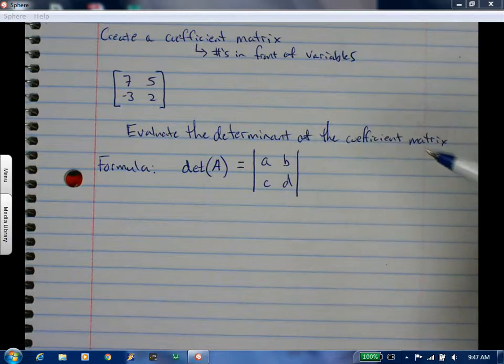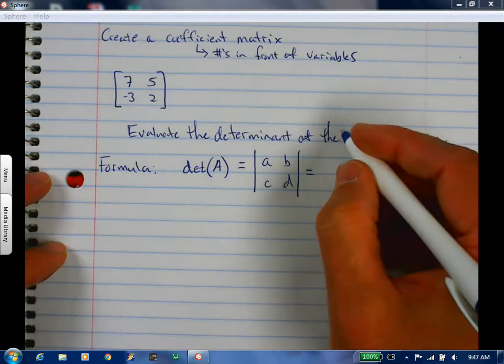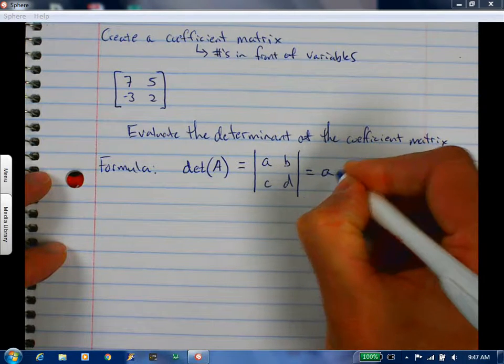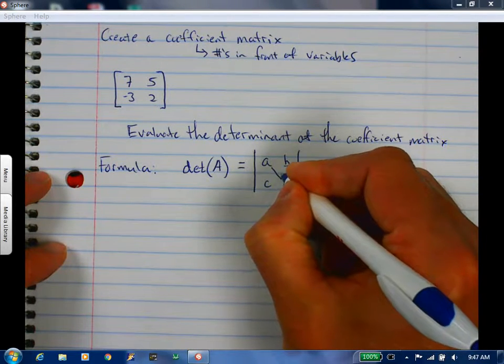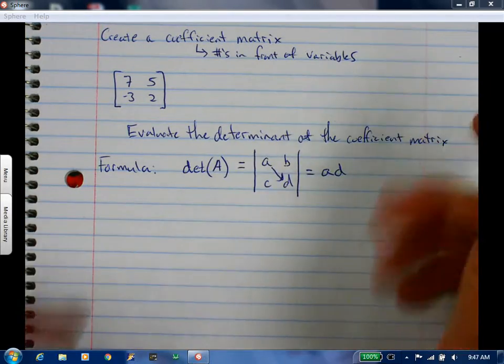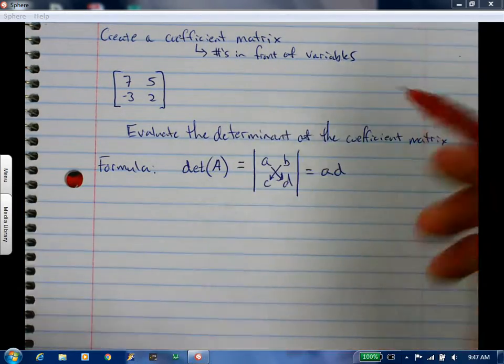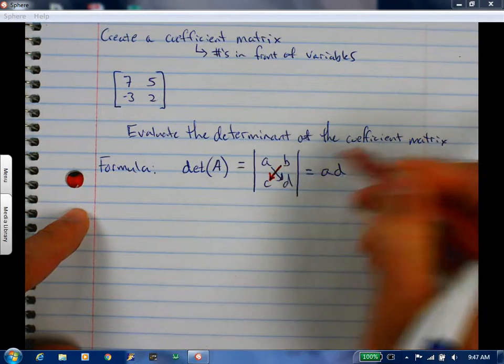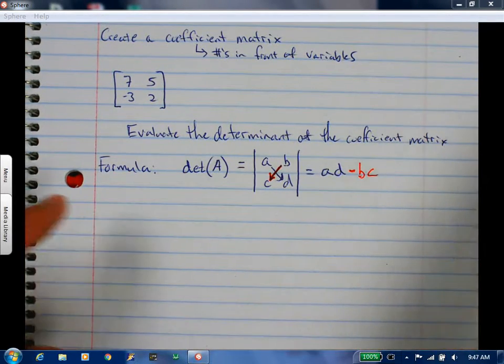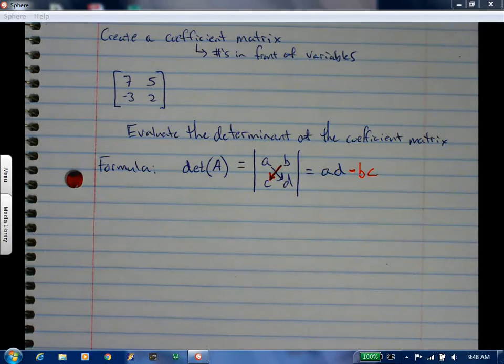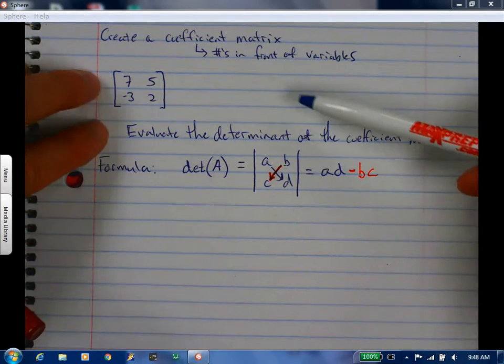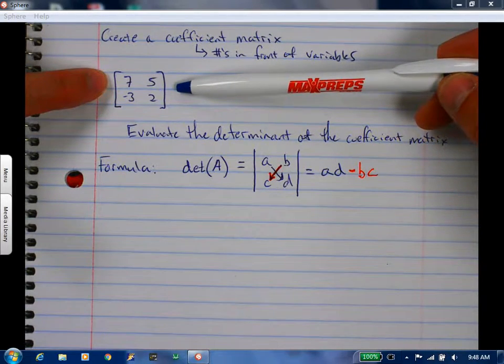And the determinant is the difference between the cross products. So I'm going to take A times D and then I'm going to minus B times C. So that's what the determinant is. It's A times D minus B times C. Okay? So if I look up here, which numbers are the A and the D? 7 and 2.